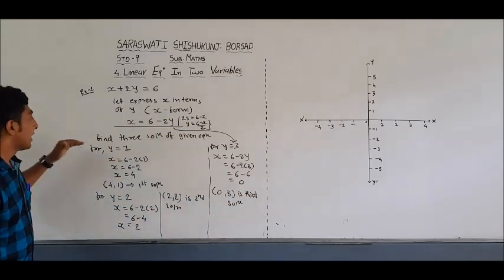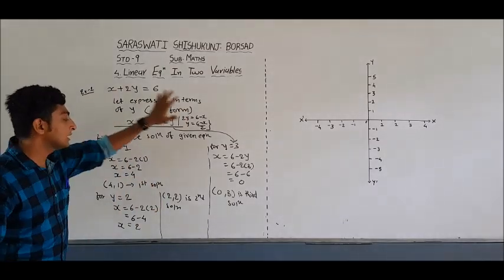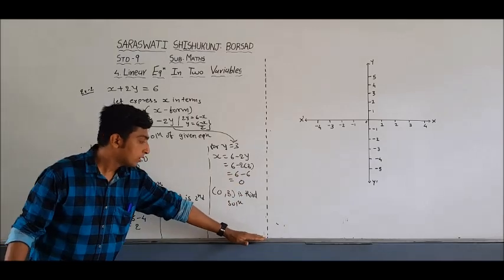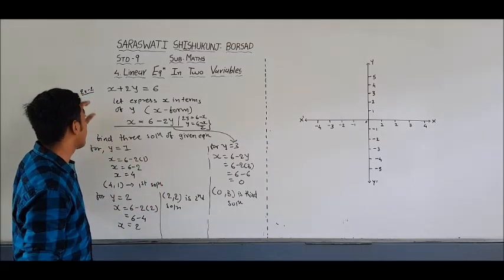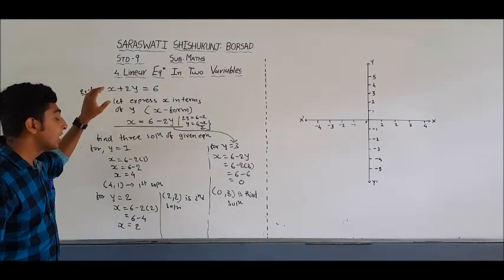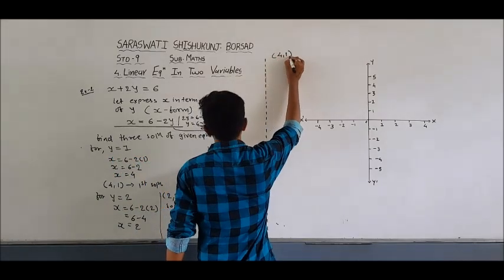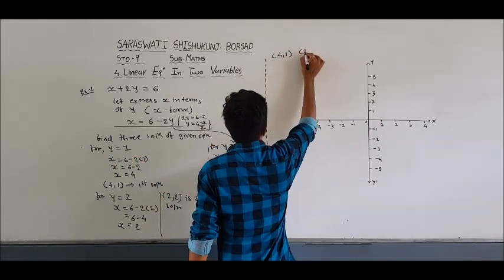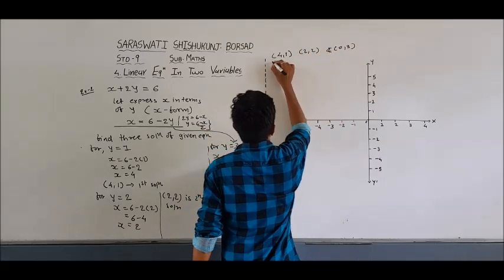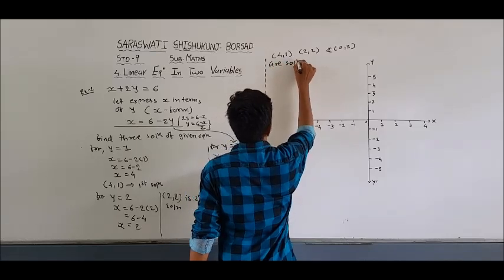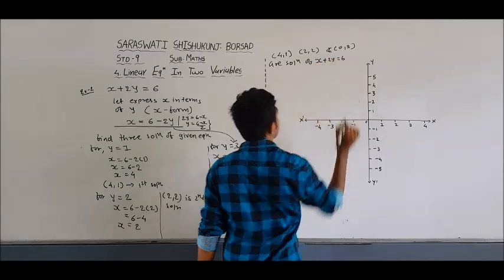So friends, whenever you are asked to find 3 solutions of a given equation, this is the example. Now let us discuss the graph. How to plot the graph of the following equation. We have 3 solutions: (4, 1), (2, 2) and (0, 3) are solutions of x plus 2y equal to 6.